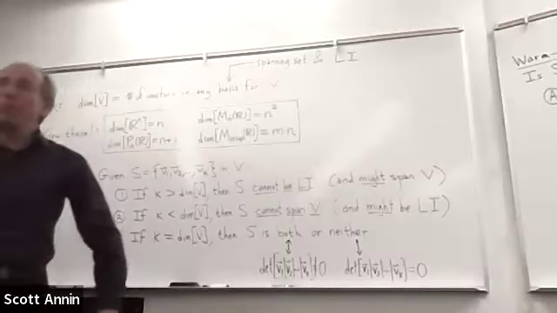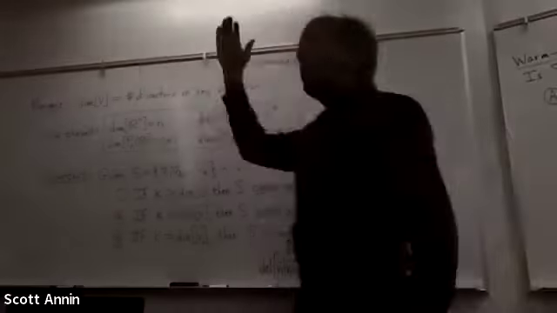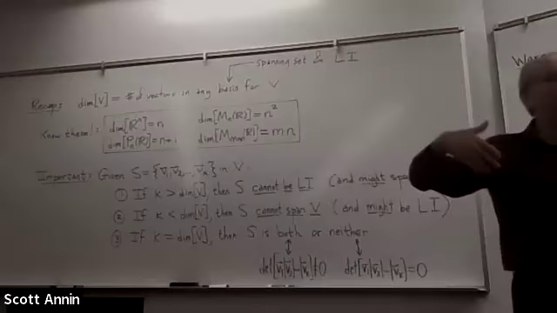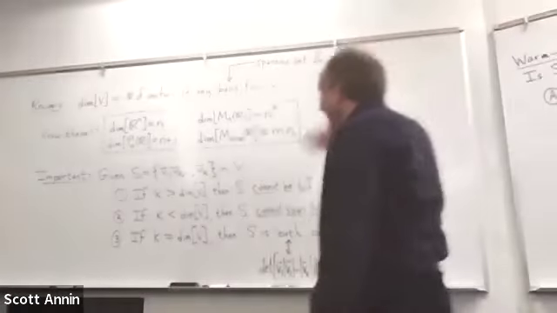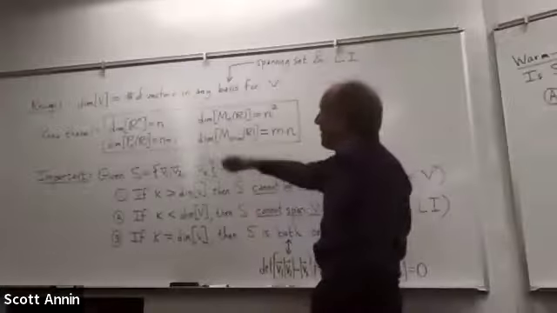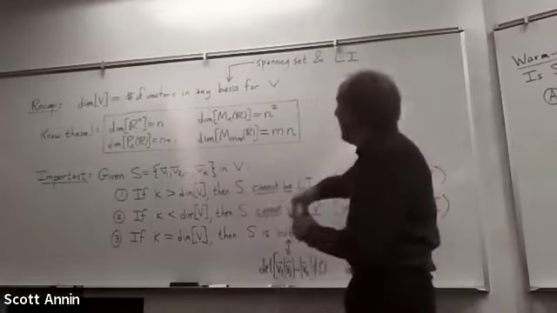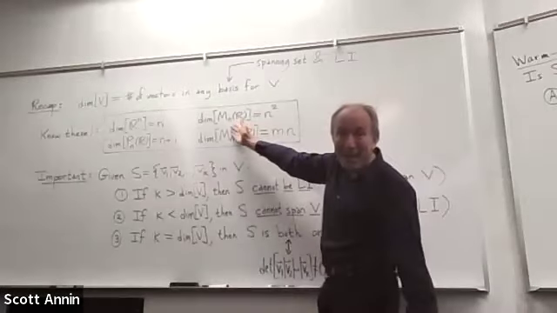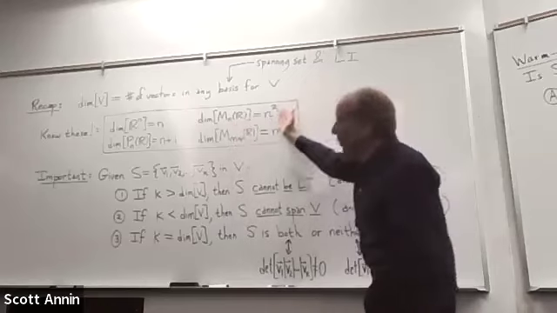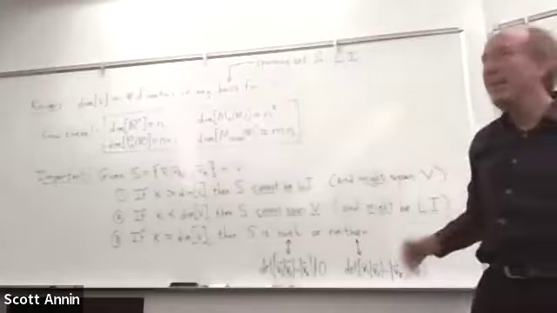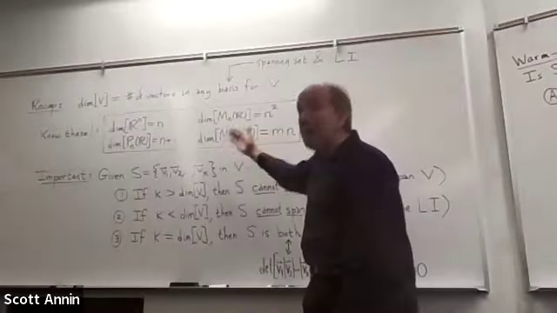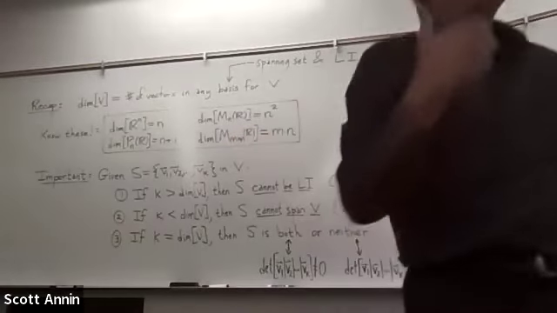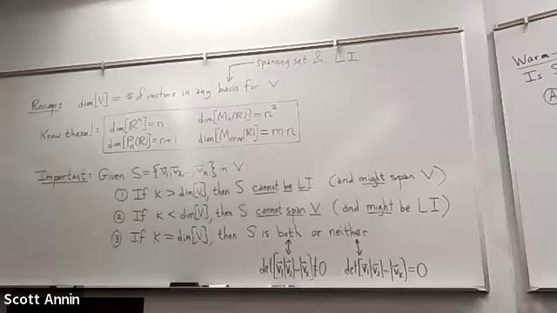I always like to tell people, if it's something important on my mind, I'm going to be thinking about it while I'm in the shower in the morning. It comes up in my head at random times and places, things like this. The dimension of the n by n matrices is always n squared. And the dimension of the m by n matrices is m times n.